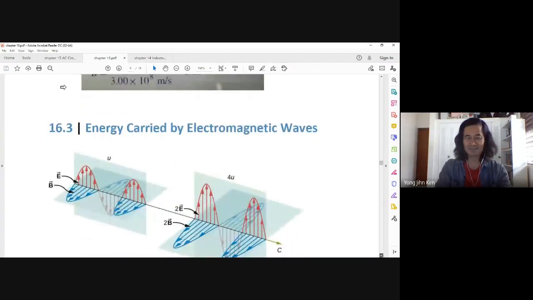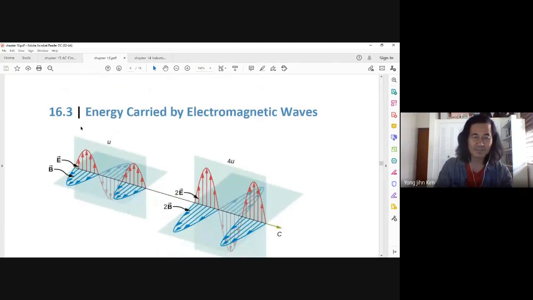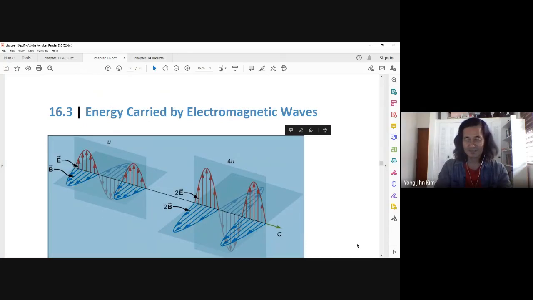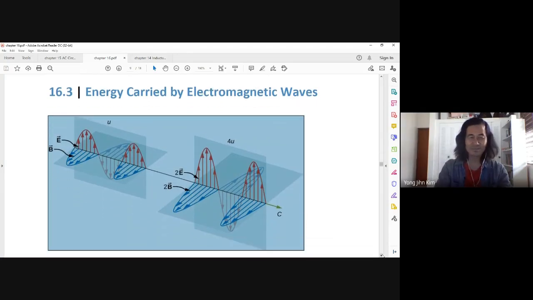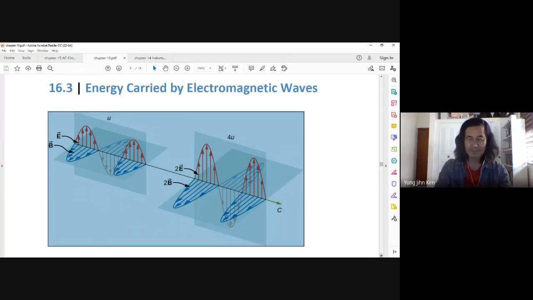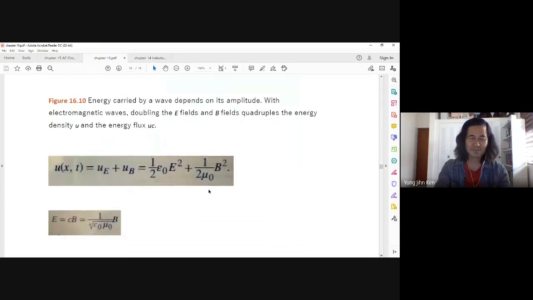Okay, now we are moving to the next section, energy carried by electromagnetic wave. Electromagnetic wave has electric field and magnetic field, so it has electric energy and magnetic energy. You remember we found the energy density for electric field, that is half epsilon 0 E square.